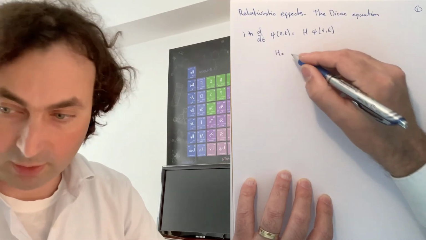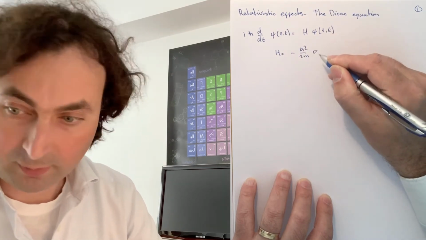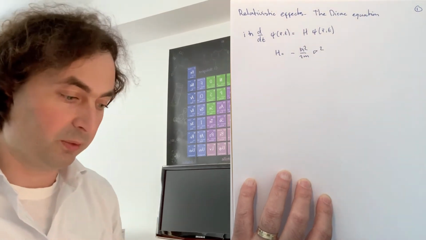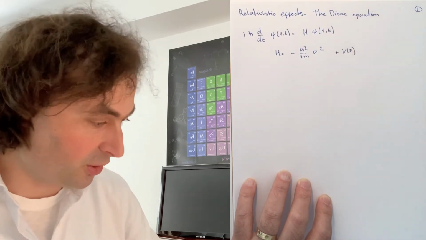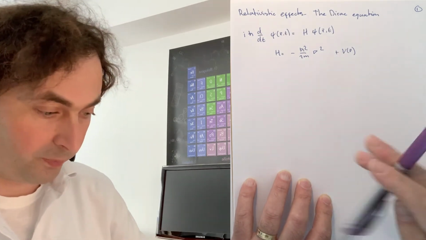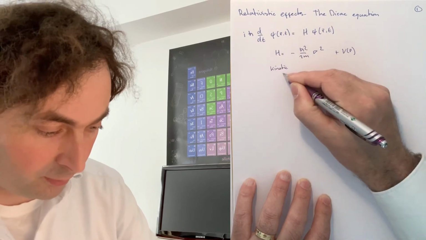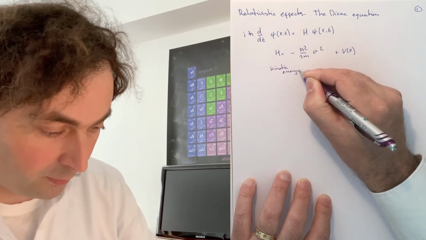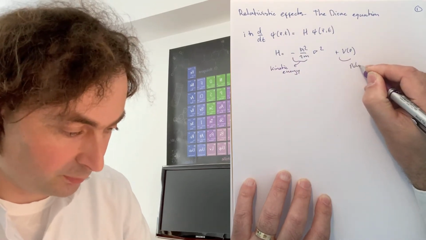And the Hamiltonian is given by minus h bar square over 2m, and then the second derivative with respect to positions, plus the potential energy. So we have here the kinetic energy and the potential energy.